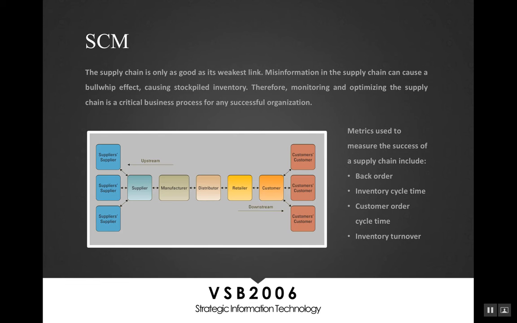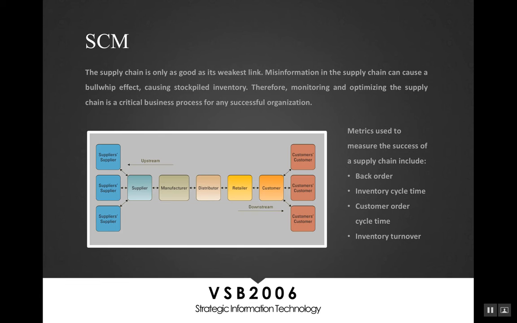So some of the key metrics we're looking at: there are a couple of measurements that are very important to supply chains. Things like back orders: are we able to meet customer demand, or are things getting jammed up? Inventory cycle time: what's the efficiency of our inventory? What are our inventory turns? Do we have material building up, or are we running short?